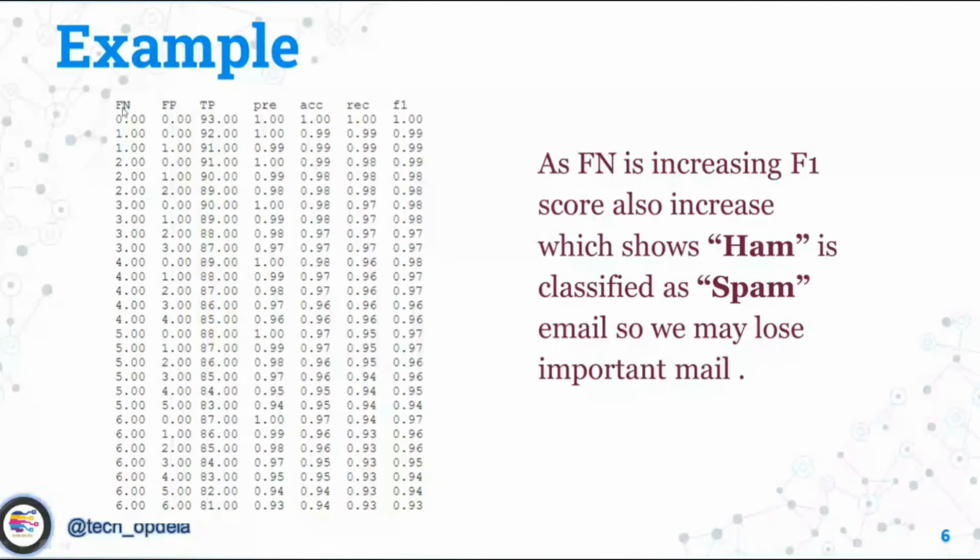So a minor change in false negative and false positive will directly affect the score of F1. As F1 is increasing, it shows ham is classified as spam, which is not suitable for our model. So we may lose some important email if it is detected as spam, but actually it was ham.